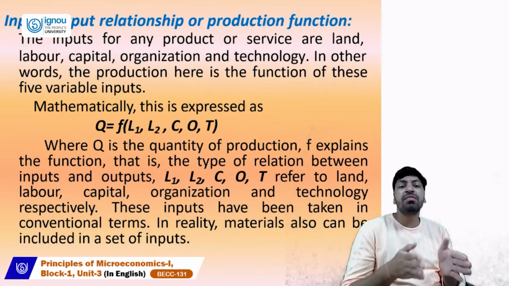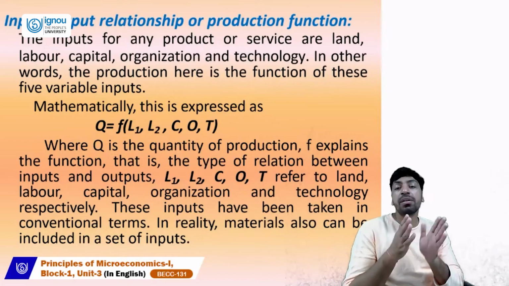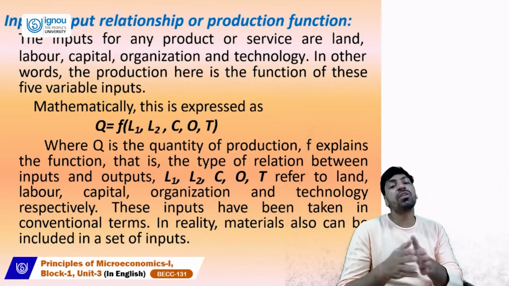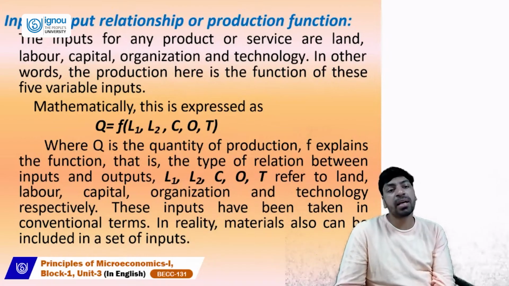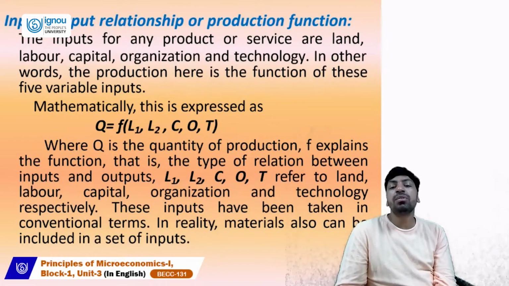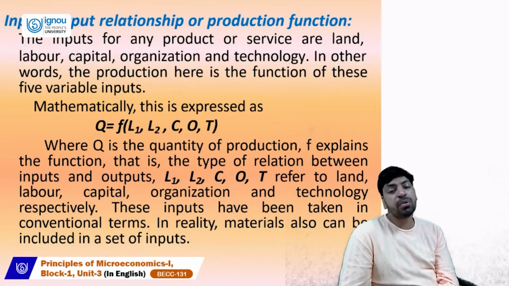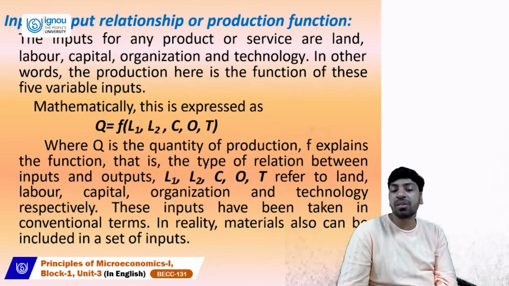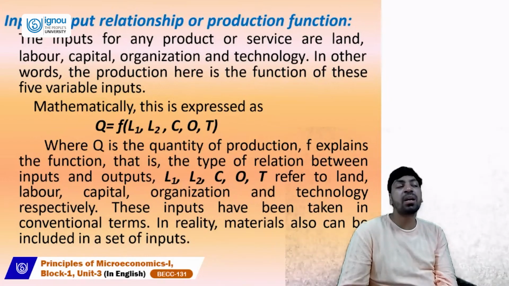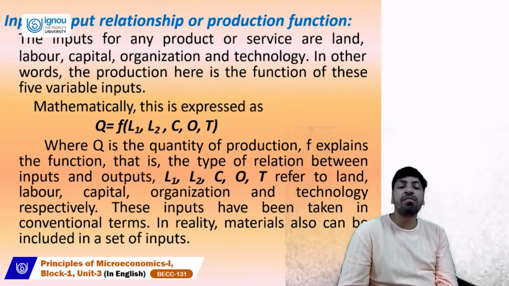So the production function means the quantity of production is a function of the five elements of production. These inputs, land, labor, capital, organization, and technology, have to be considered very carefully, as in reality, materials can also be included as a set of inputs.